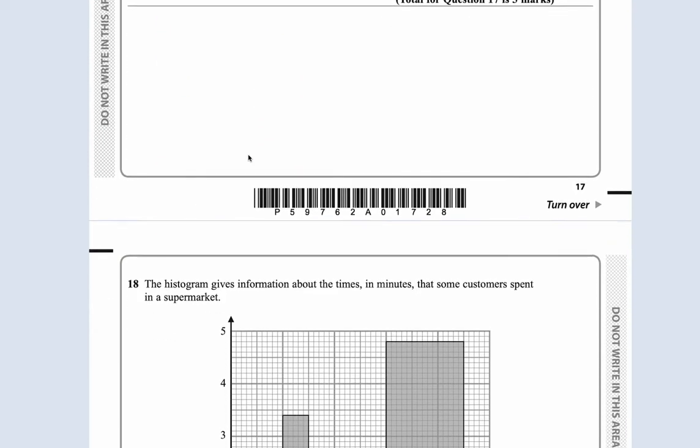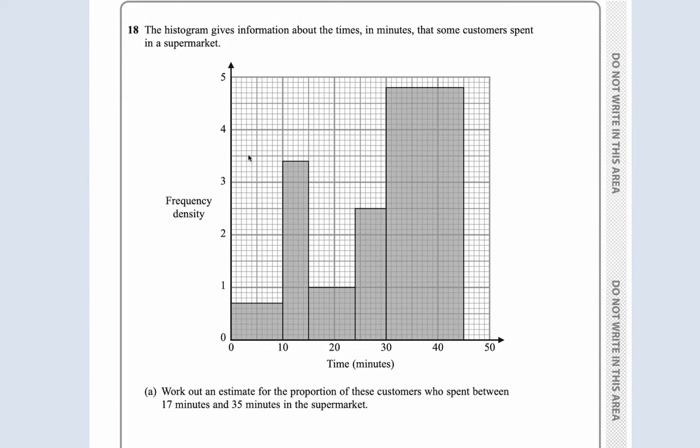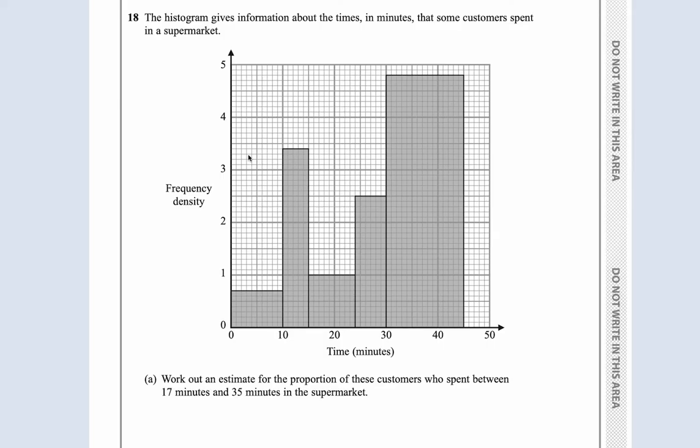Question 18. The histogram gives information about the times in minutes that some customers spent in a supermarket. So 0 to 10 minutes, the x-axis is minutes, 10 to 15, 15 to 25, etc. Work out an estimate for the proportion of these customers who spent between 17 minutes and 35 minutes in the supermarket.